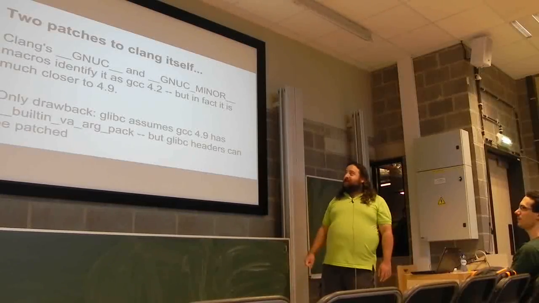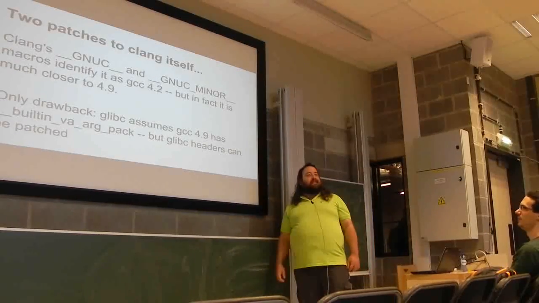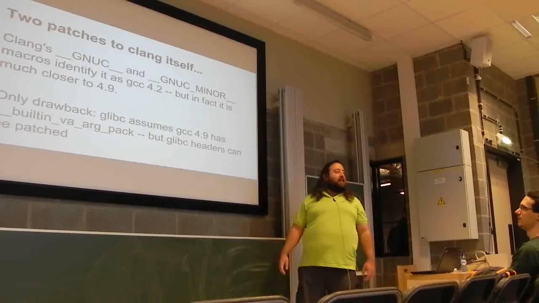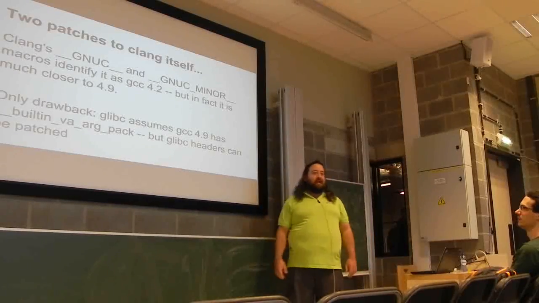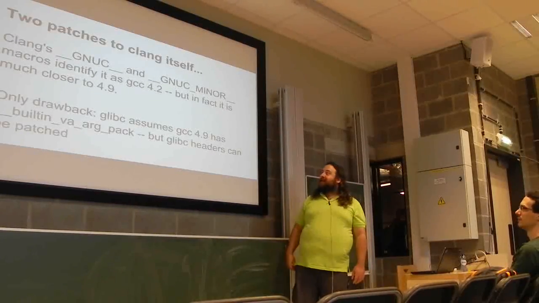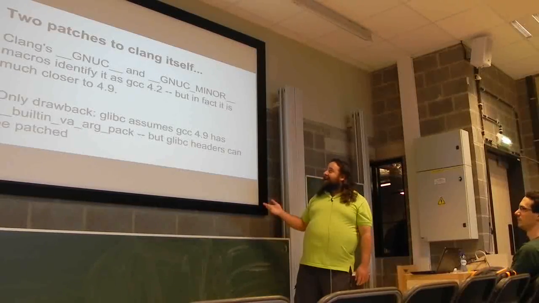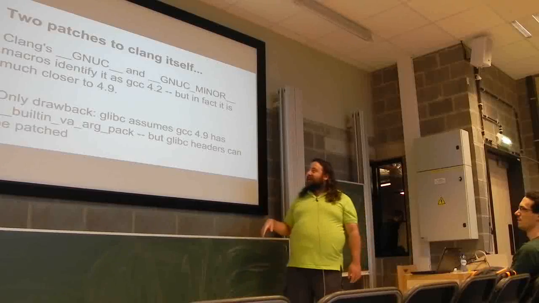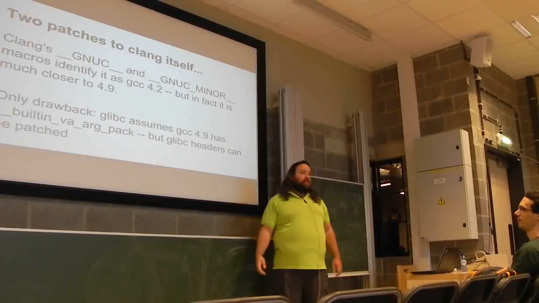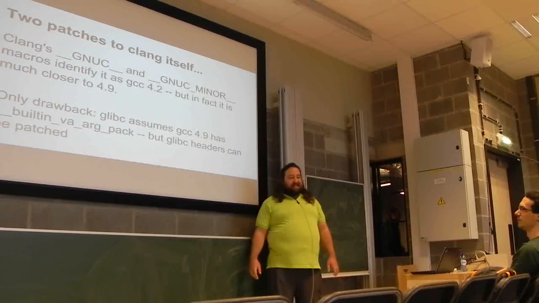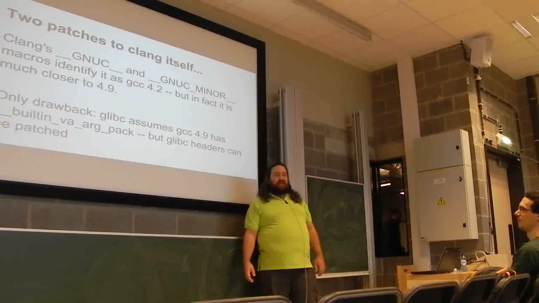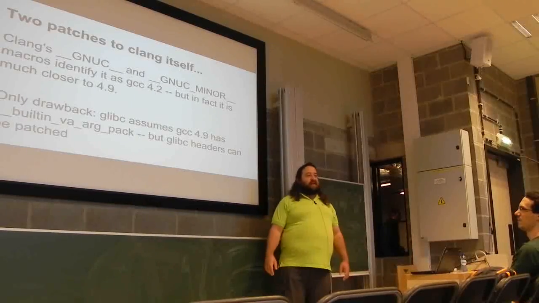So we're applying 2 patches to clang itself, rather than just fixing all the other packages that use it. One thing we didn't like too much was clang defining GNU-C and GNU-C minor to identify itself as GCC 4.2, because clang is actually much more standards compliant than GCC 4.2.